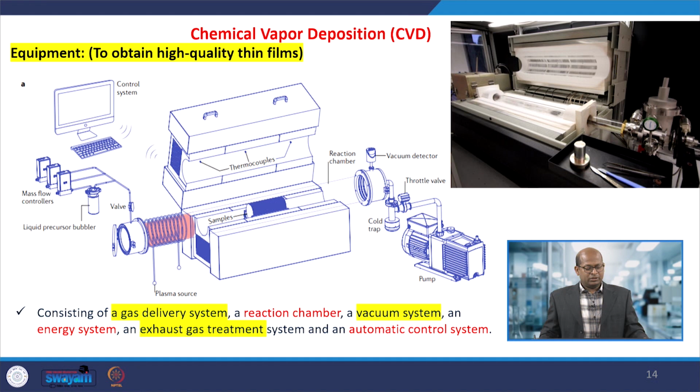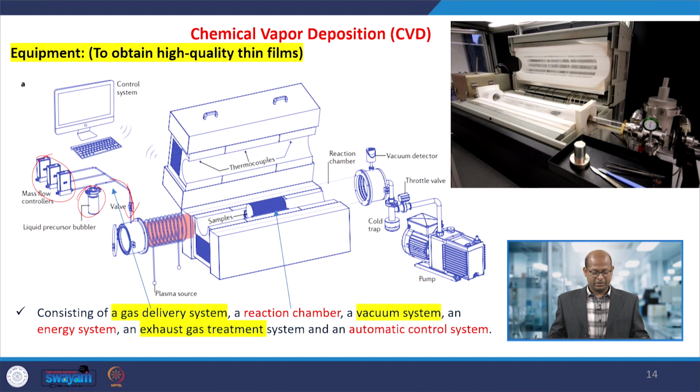Okay, so these are the basic equipment. Actually, how does it look? So the CVD equipment, here you can see there are various components. Here are the mass flow controllers, gas cylinders, or if a liquid is there as a precursor, that can be placed here, and then it is passed through tubes, with some kind of arrangement.